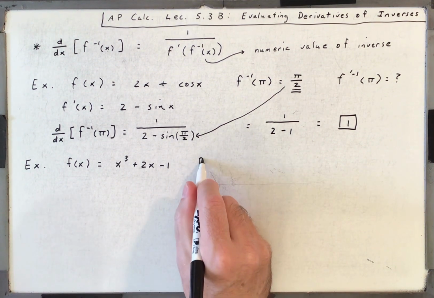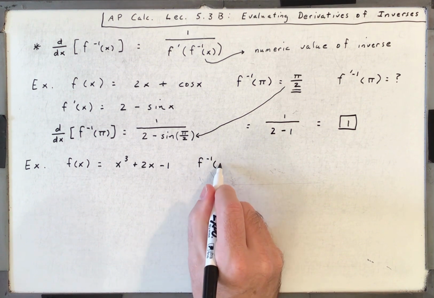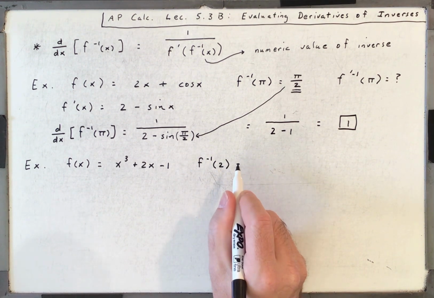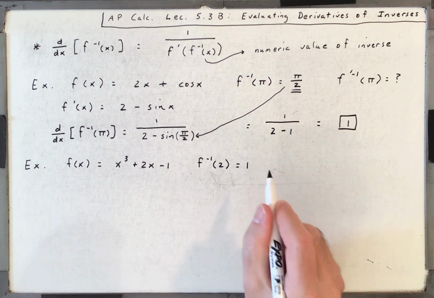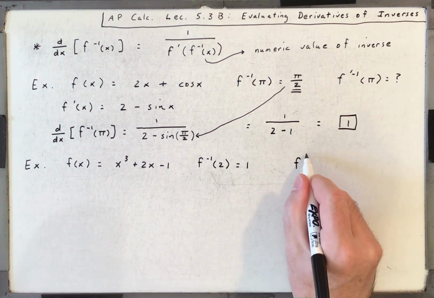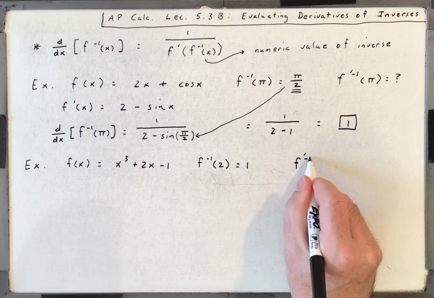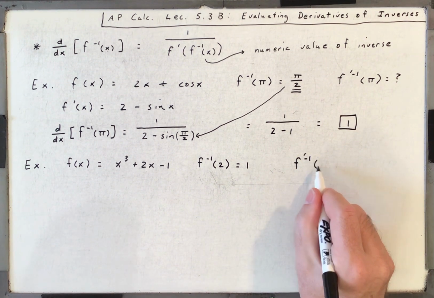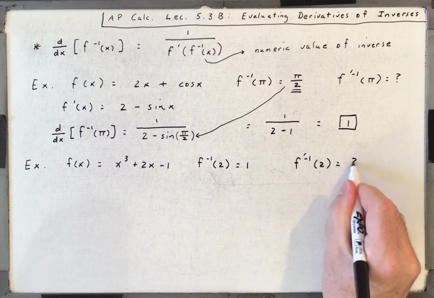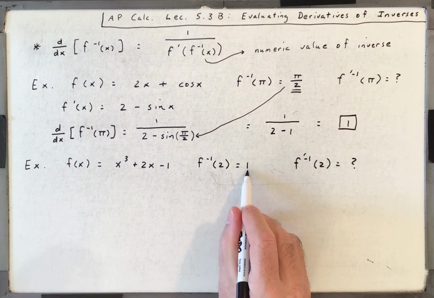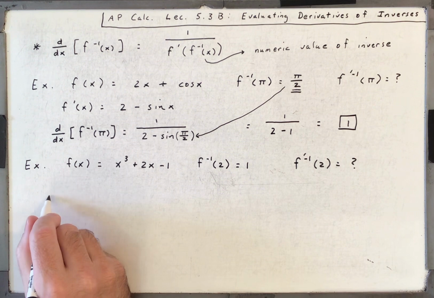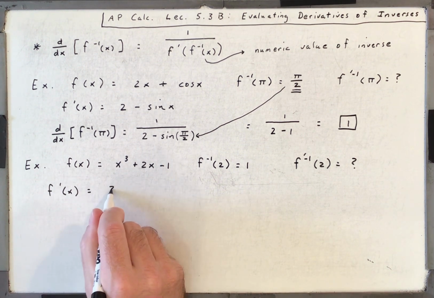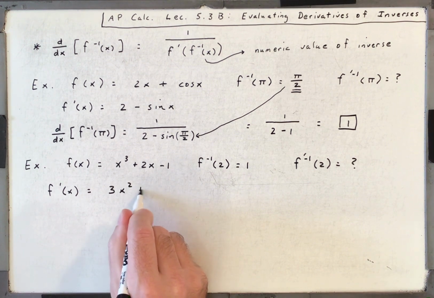We know that the value of the inverse at 2 is equal to 1. We want to know what is f prime of the inverse at 2. Now we're going to be plugging in 1, right? So first of all, f prime of x would be 3x squared plus 2.